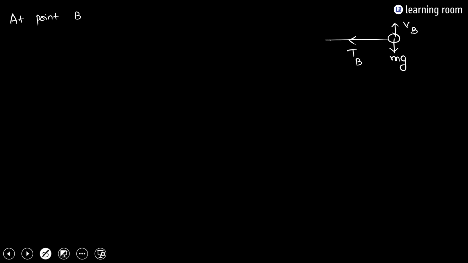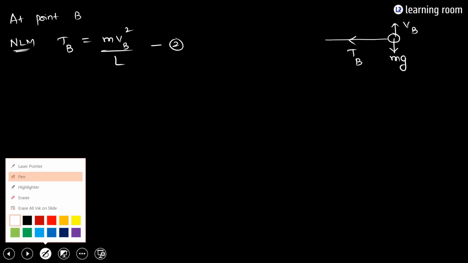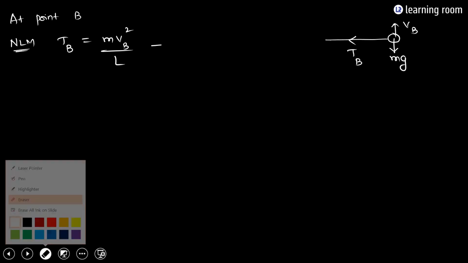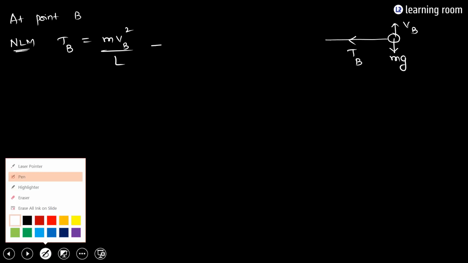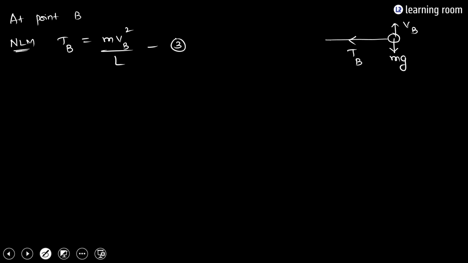So can I say, according to Newton's law of motion, TB is equal to m into VB square divided by L. Right? So let this be equation number 2. We'll make it as 3. So let this be equation number 3.